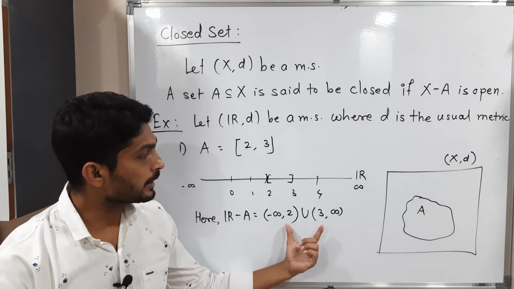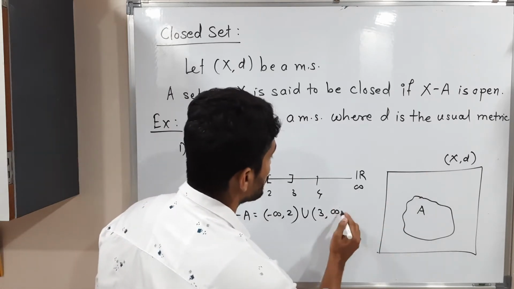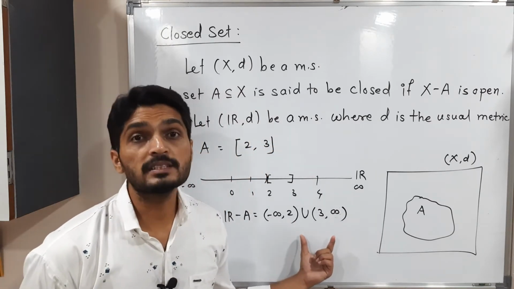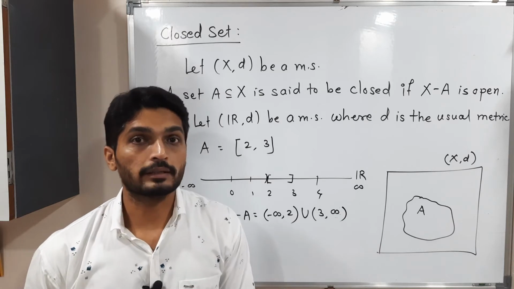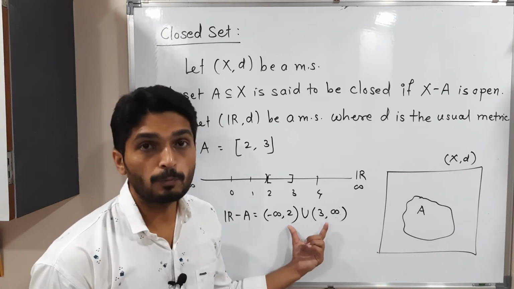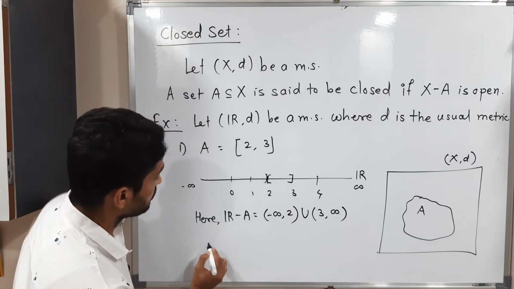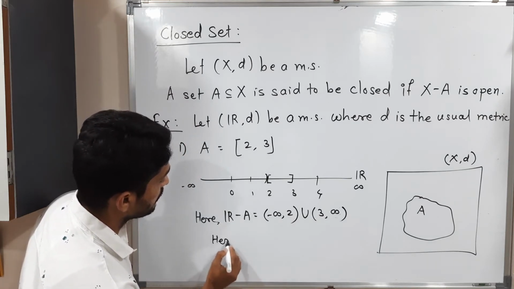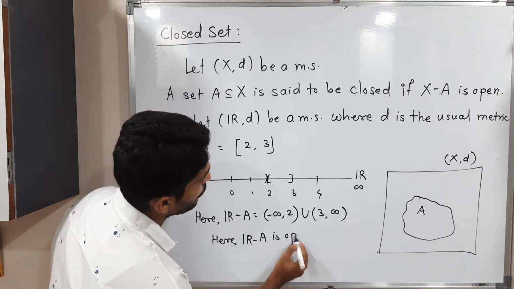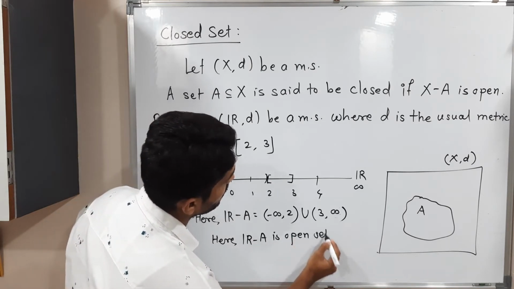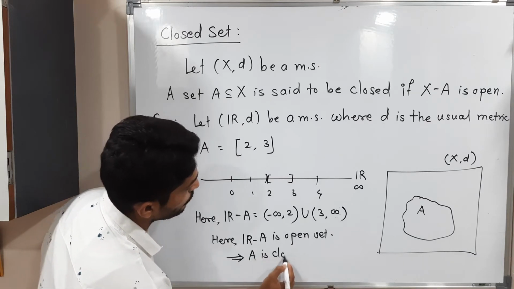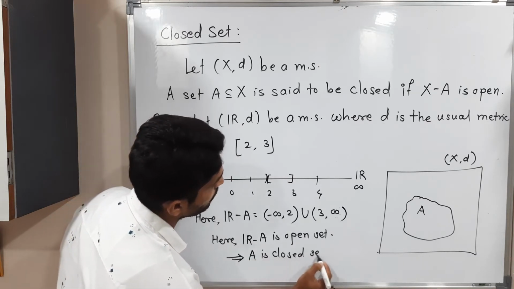See, these two intervals are open intervals, so these two sets are open sets. And we know that an arbitrary union of open sets is open. So this one is an open set. Here R minus A is an open set. Therefore A is a closed set.